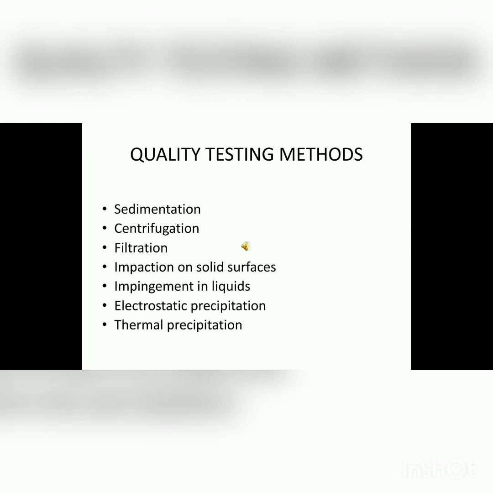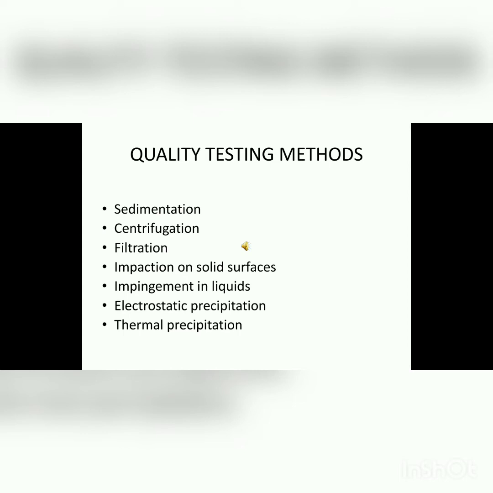The first one is sedimentation. This is a conventional method in which a blood agar plate or MacConkey agar plate is kept in the OT, 1 meter away and 1 meter above the ground, and multiple samples are collected, incubated for 24 hours for colony count, and the CFU is determined.